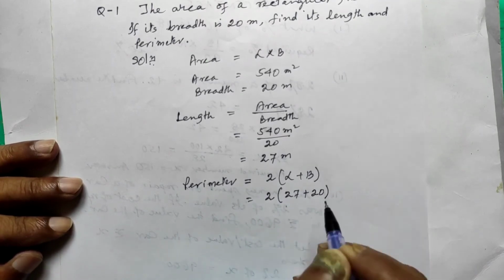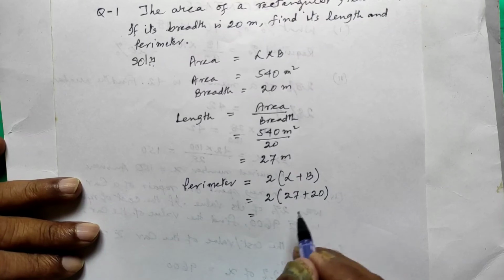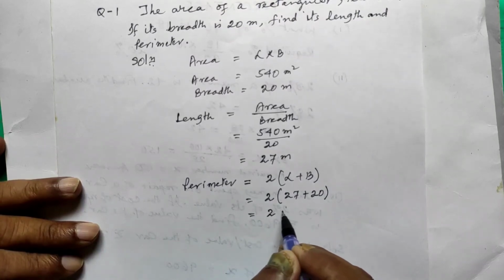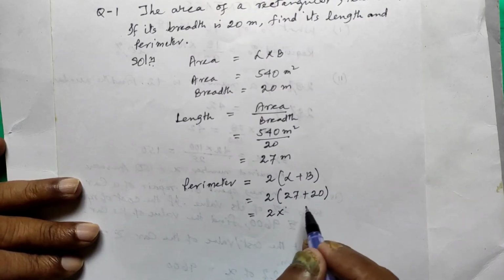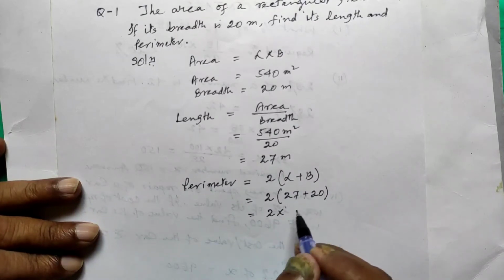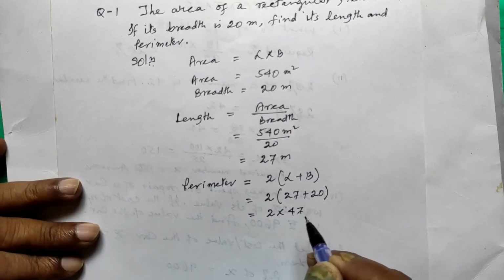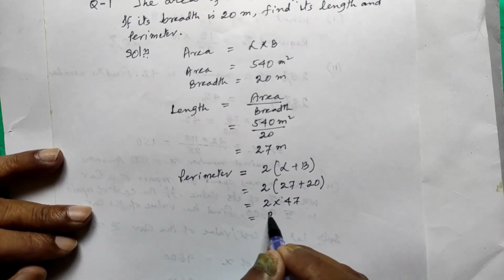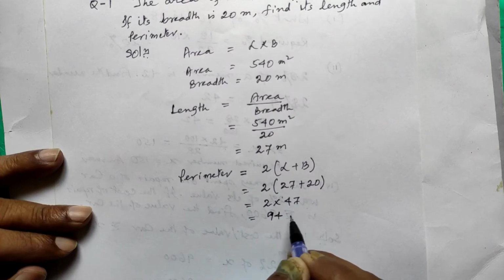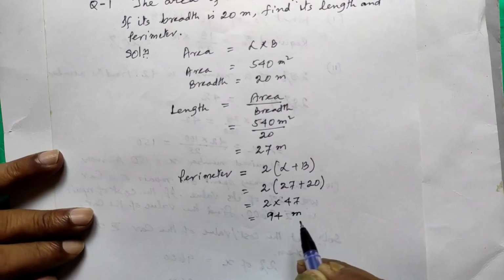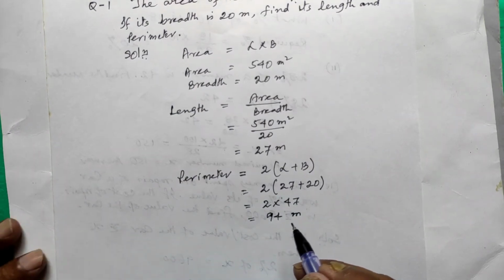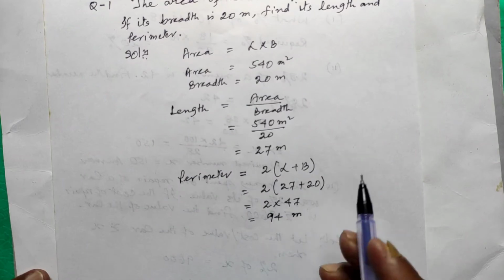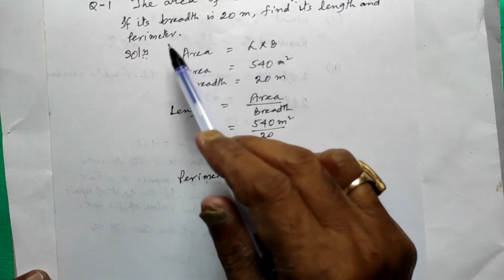Then you make a simple calculation: 27 plus 20 is 47. When you multiply 47 with 2, you get 94 meter. Remember, the unit is meter. So this is the sum where we find the length and the perimeter.